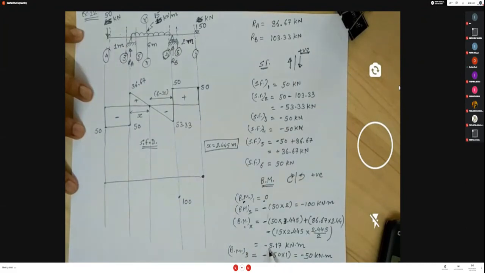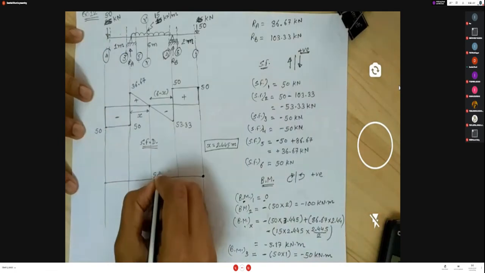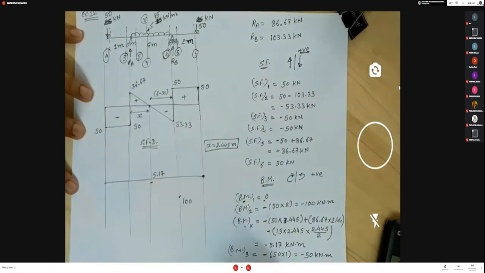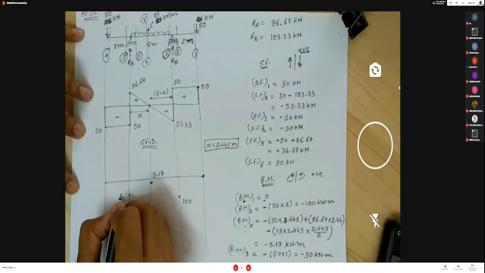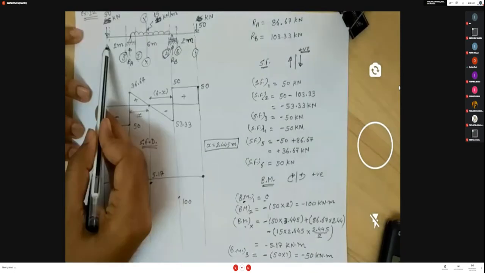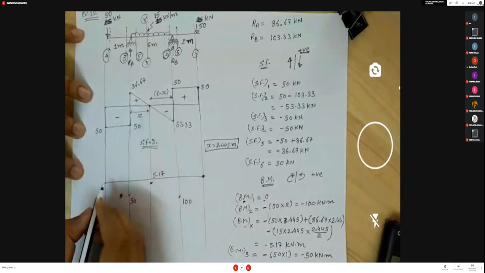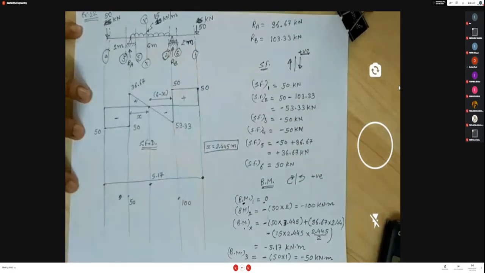Bending moment at X is minus 5.17, so here, this point. Bending moment at 3 is minus 50, so section 3 is here, minus 50. Bending moment at section 4 is 0. Consider the left hand side portion, there is no loading, so the moment at section 4 is 0.